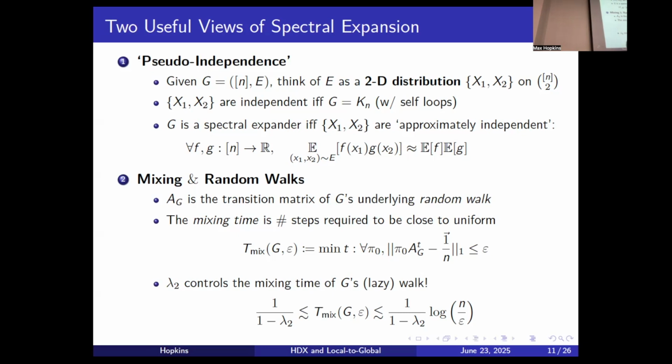What does this distribution look like? I'm hitting it constantly with A_G. There's one term, the all ones, that has eigenvalue 1, and it survives every time that I hit this. Every other term is dying by at least a factor of lambda 2. So this is roughly why this is upper bounded. I won't talk about the lower bound, but this is roughly why lambda 2 controls the mixing time of the random walk.